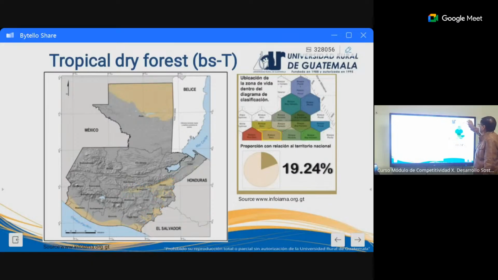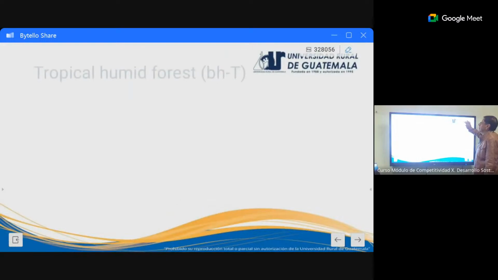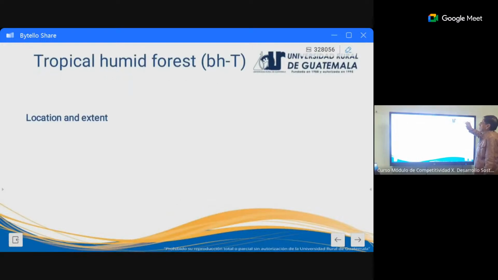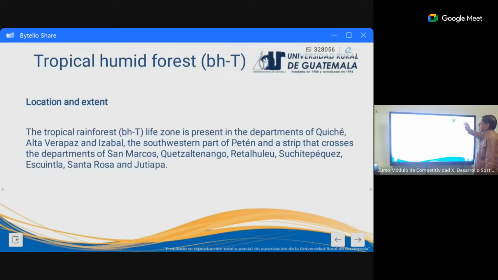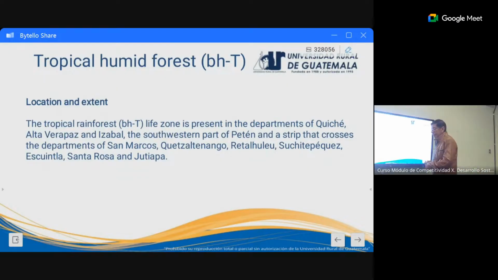Now let's continue with the next slide information. We have also this tropical humid forest in its location and extent. In this case, the tropical rainforest, that is a limestone, is present in the departments of Quiché.